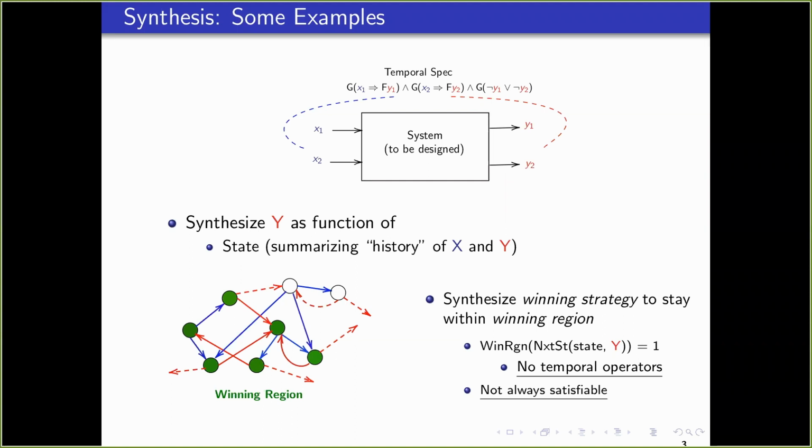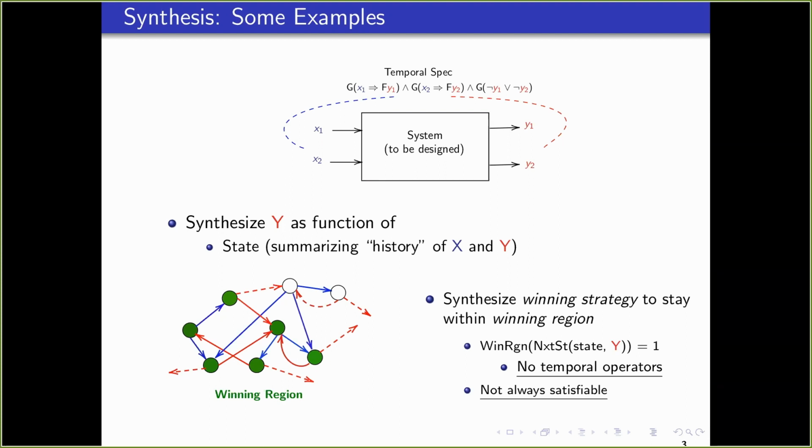So this temporal synthesis problem, the approach that I'm talking about, has these two steps. The first is the construction of the winning region, and the second is the synthesis of the winning strategy. Fine. Okay. I thought you were rolling them into one step somehow.